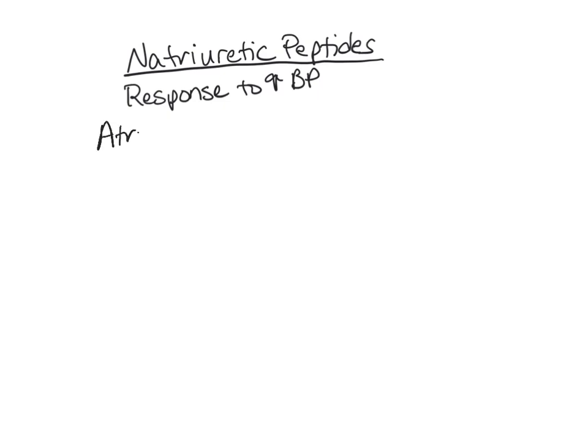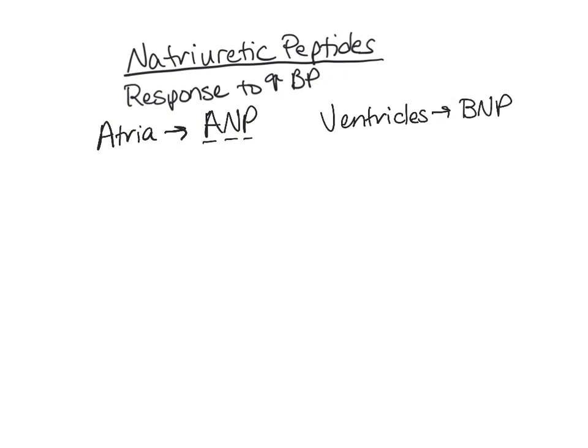The atria release a natriuretic peptide called ANP, which stands for atrial natriuretic peptide. And the ventricles will release a natriuretic peptide called BNP, which stands for brain natriuretic peptide.